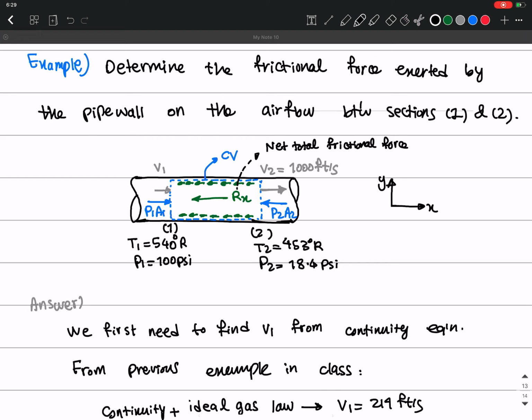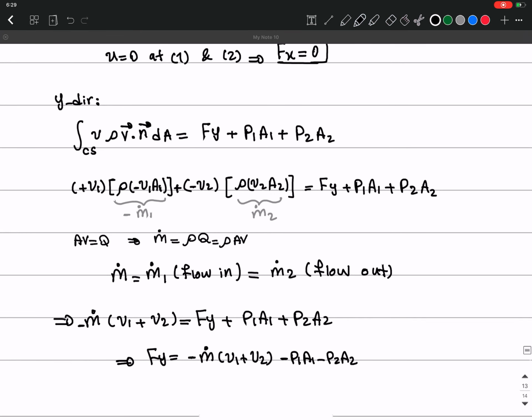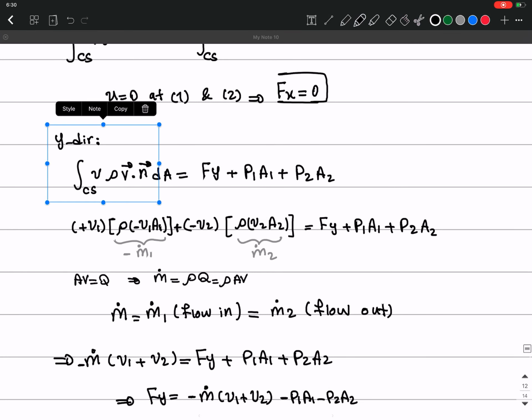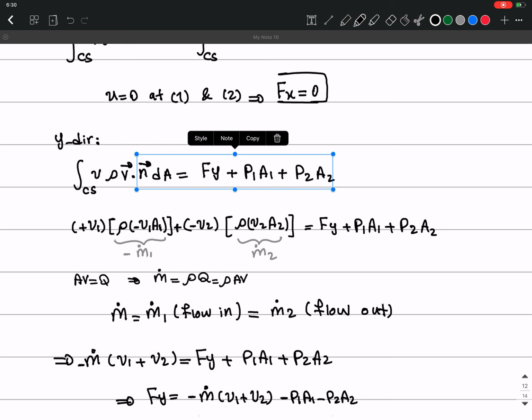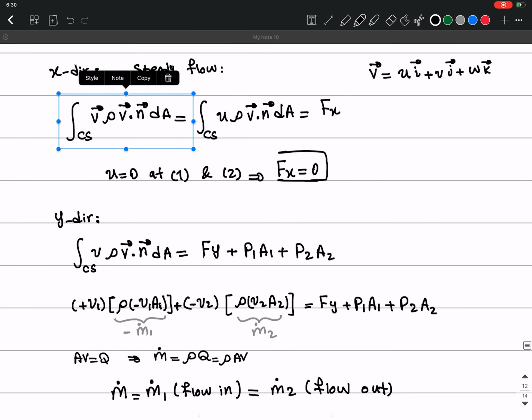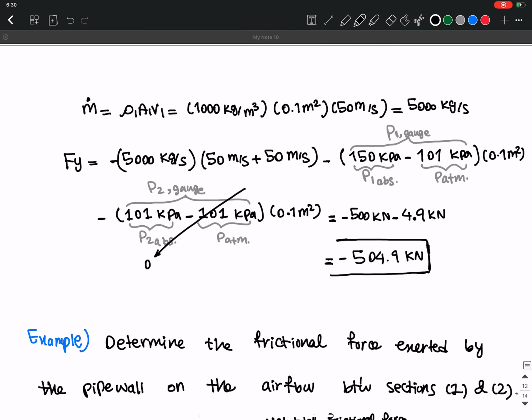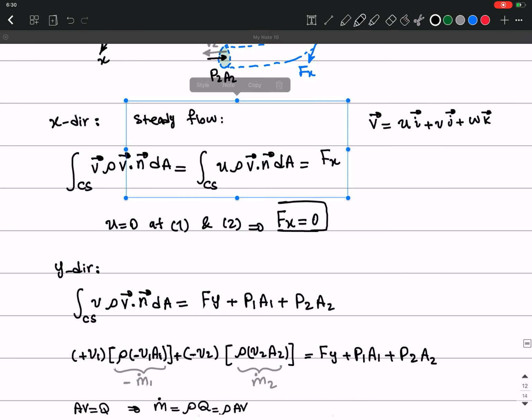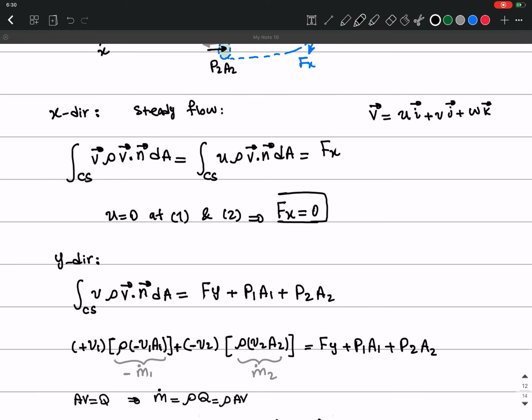Okay. So now again, because this is a steady flow, I can just write this formula here. It's in the x direction. Let me copy that.